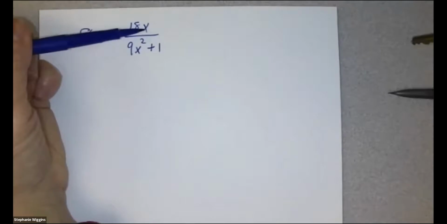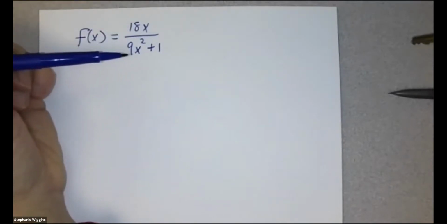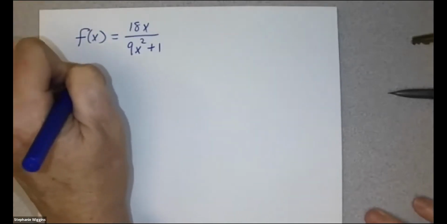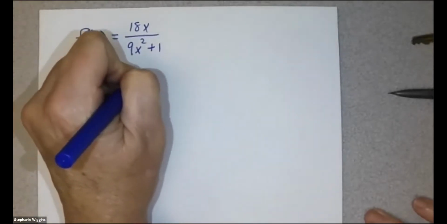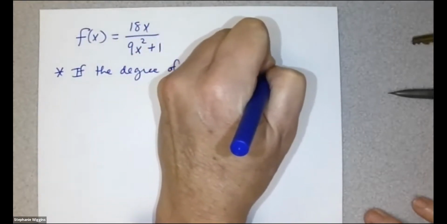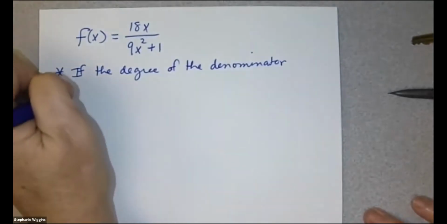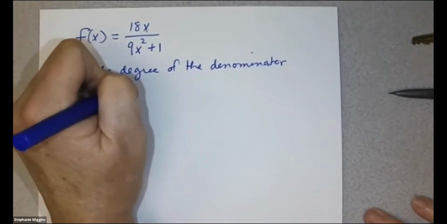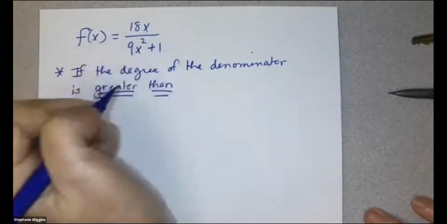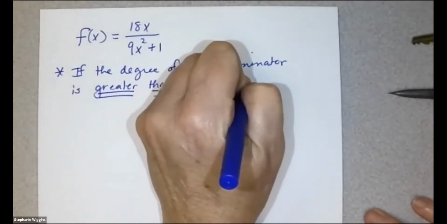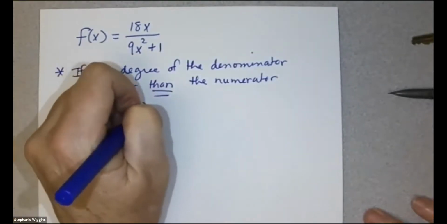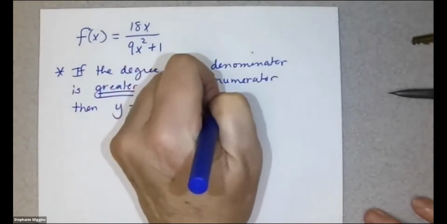Okay, so if the degree of the denominator is greater than the degree of the numerator, okay, this is important, then y equals 0 is a horizontal asymptote.